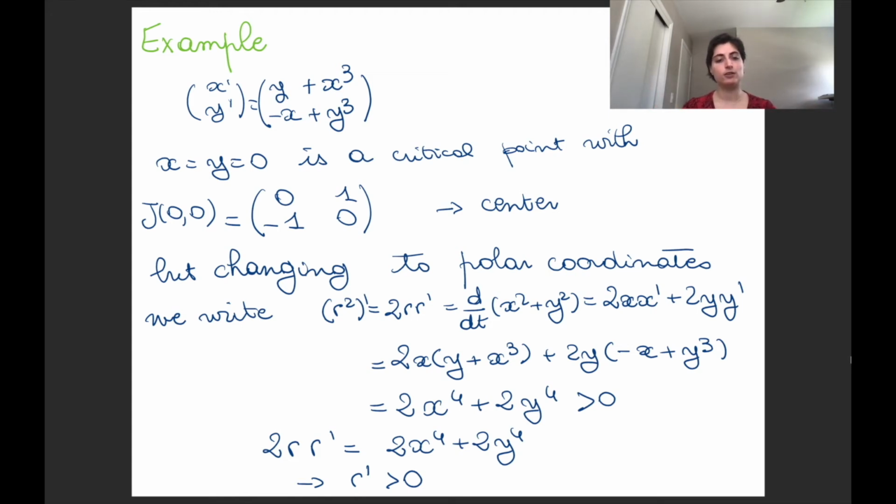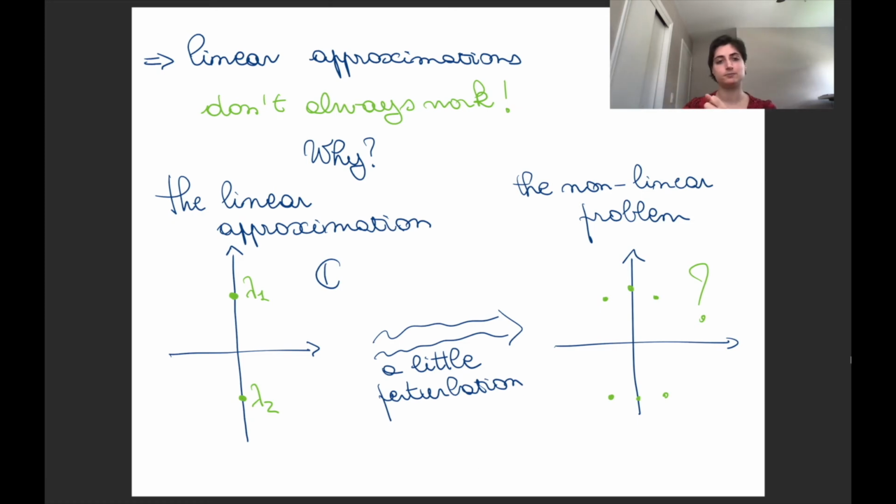So we retrieve that 2r r prime is something that is strictly positive, but r is strictly positive, so r prime is strictly positive. What does that mean? It means that if we shift from the xy coordinates to the polar coordinates, the derivative of the distance from the center is constantly increasing.